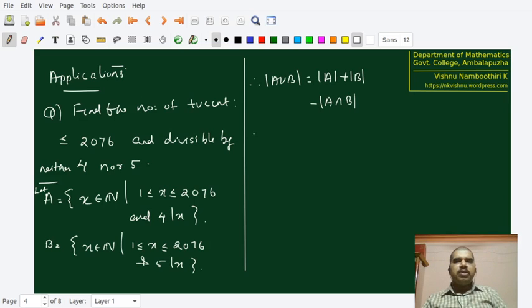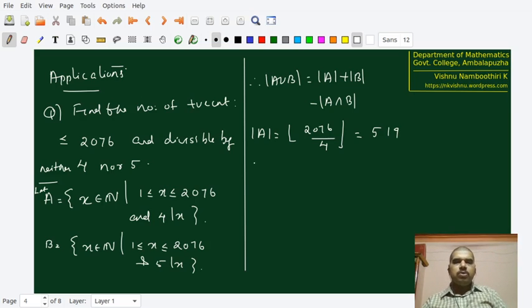Now, what is the cardinality of A? The cardinality of A is nothing but the number of multiples of 4 within the range up to 2076, and we know that this is the floor of 2076 by 4, and this is going to be 519.